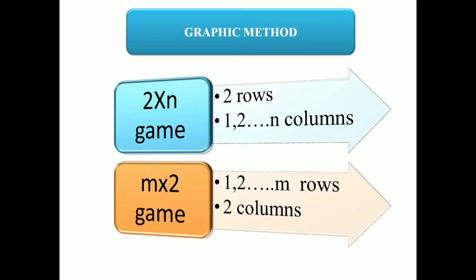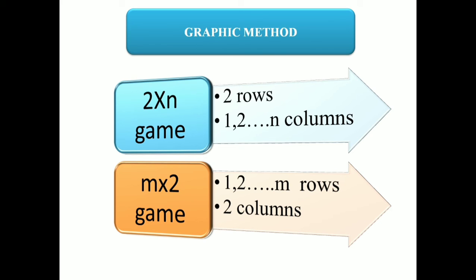Let us move to the next method, called the graphical method. How to solve a game problem by using the graphical method? If you want to solve a game problem by the graphical method, there are two conditions. The game will be a 2 into n game, with 2 rows and n columns, or an m into 2 game, with m rows and 2 columns.